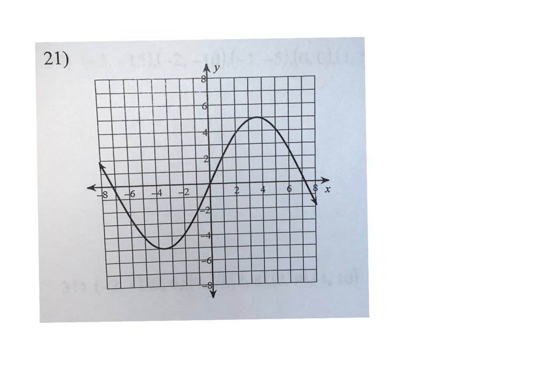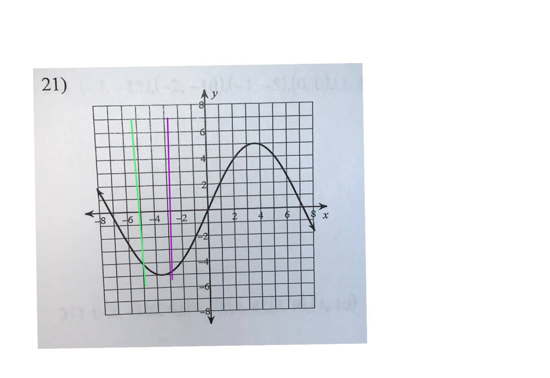Another way that we determined if something is a function is called the vertical line test. And so for the vertical line test, you should be able to draw a vertical line anywhere on the graph, and it will only cross it once. All right. So no matter where I draw it, it's only going to cross it one time. And you can see that no matter where I draw a vertical line, I'm only going to cross this graph one time.